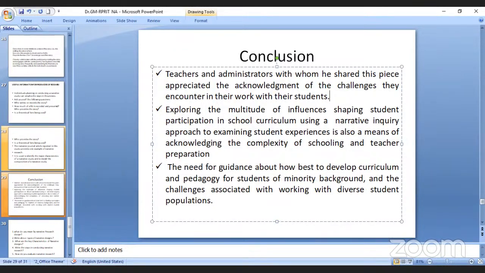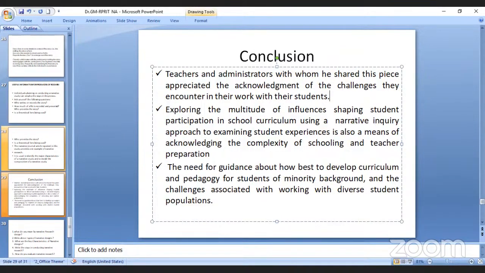So, the need for guidance about how best to develop curriculum and pedagogy for students of minority background, and the challenges associated with working with diverse student populations. As I told you earlier, there are different students in the classroom: above average, average, below average. Then forward caste, minorities, and in minorities also Muslim minorities, Christian minorities, then other minority background students.